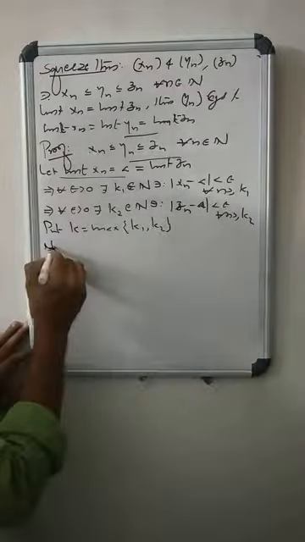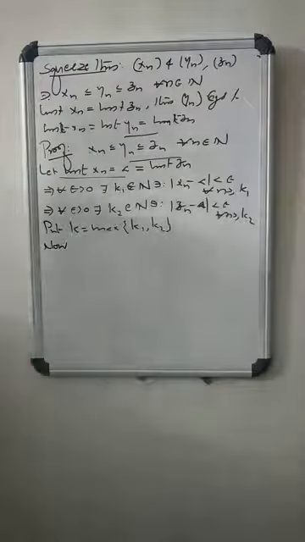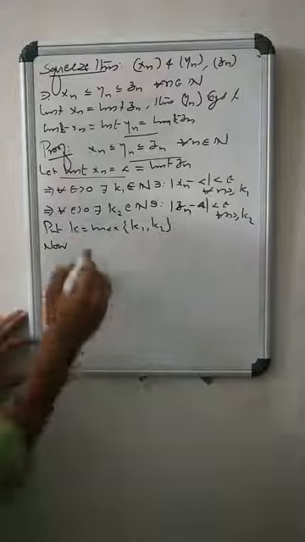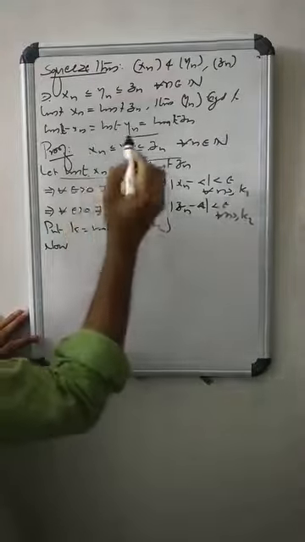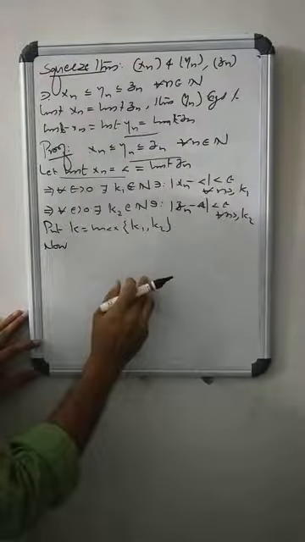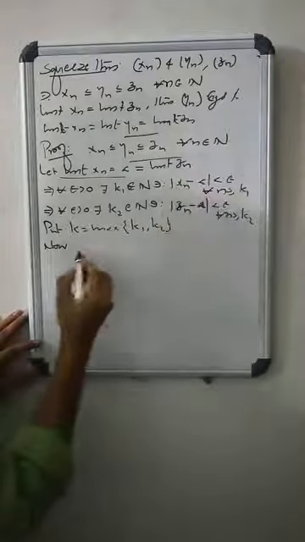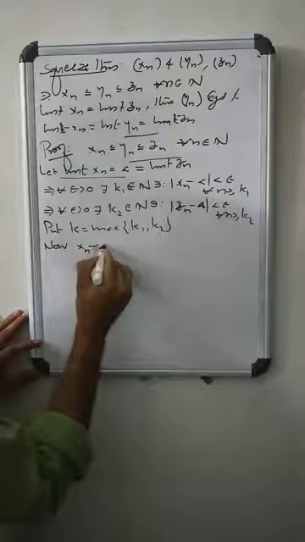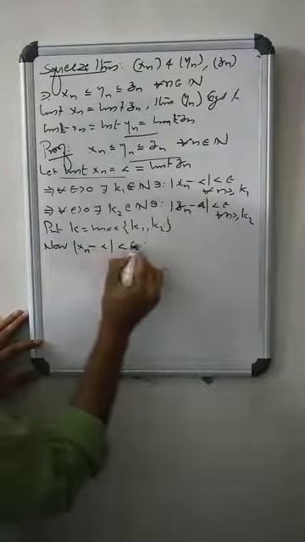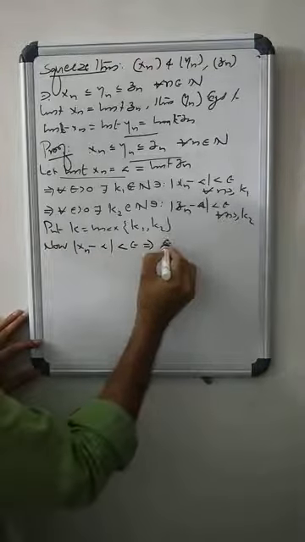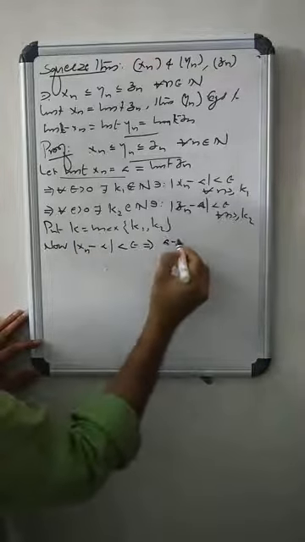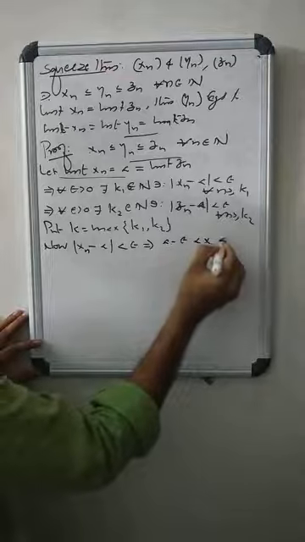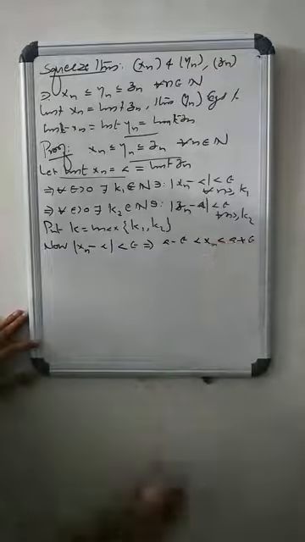Now, it is given xn less than or equal to yn less than or equal to zn. Modulus of xn minus a less than epsilon means minus epsilon less than xn minus a less than epsilon, that is, a minus epsilon less than xn less than a plus epsilon.